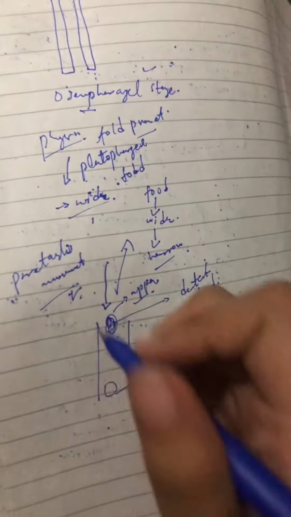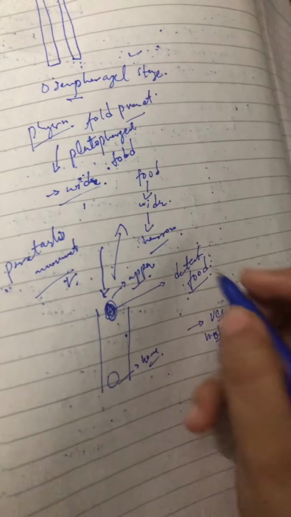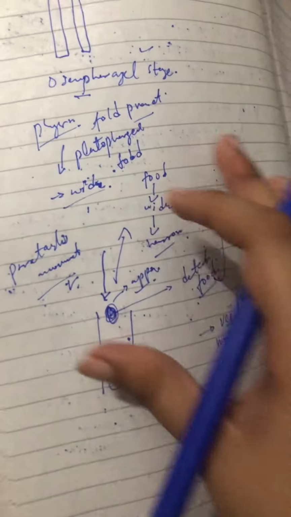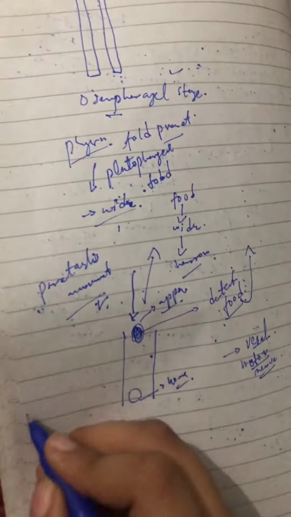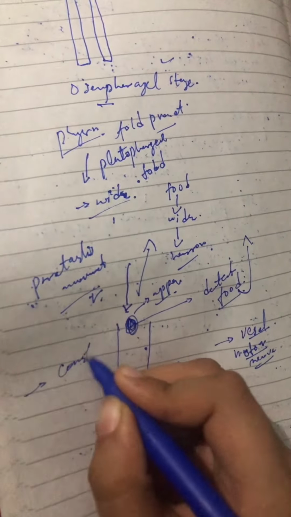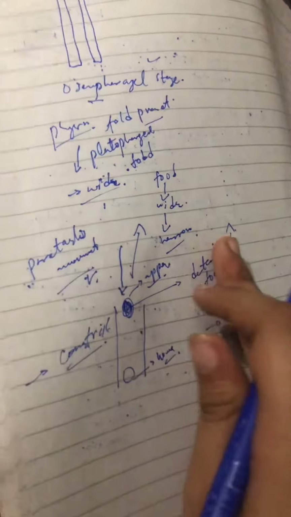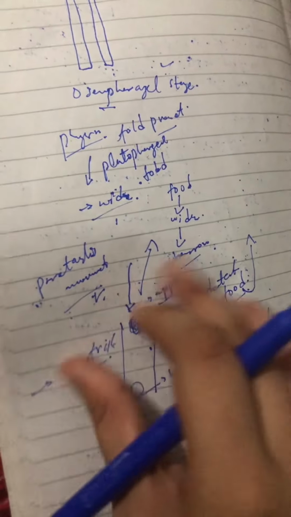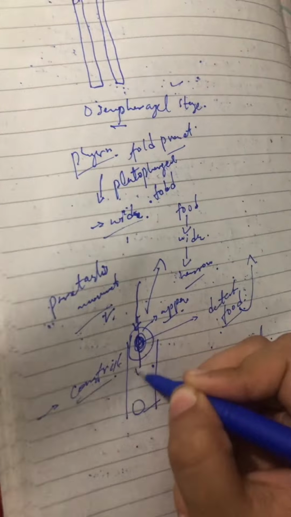Now here, when the food moves here, the upper sphincter will detect the food and generate the impulse toward the brainstem, and the command will come. In the usual condition, this sphincter is constricted, or we can say narrow. But when the command comes, this will become wider and the food will move through.